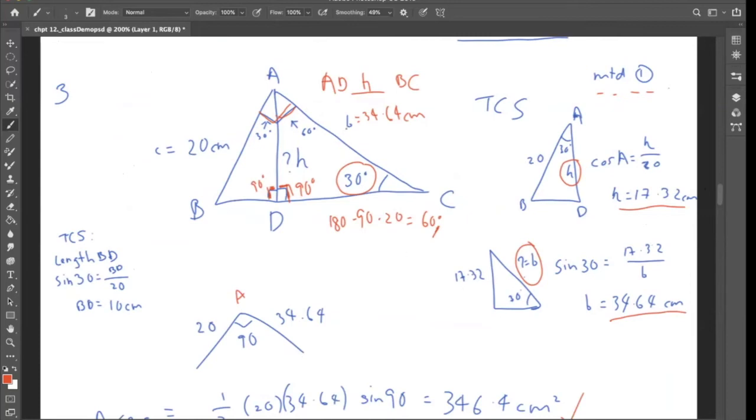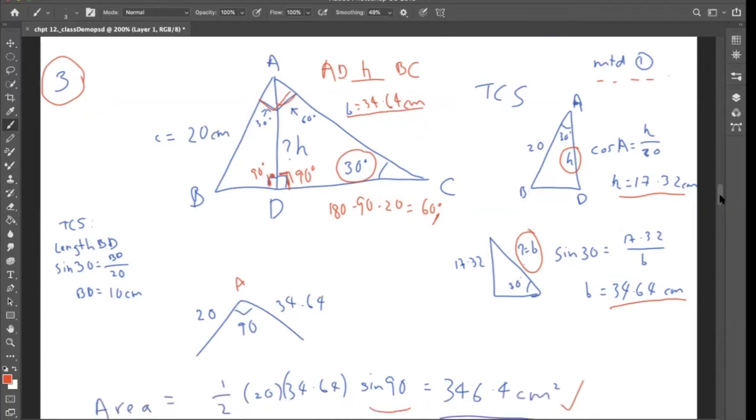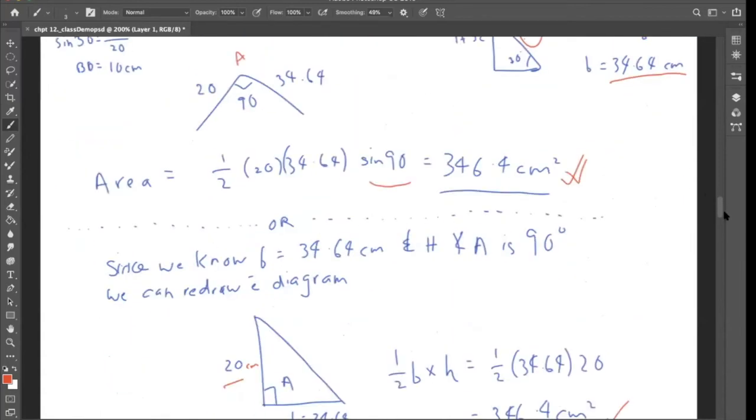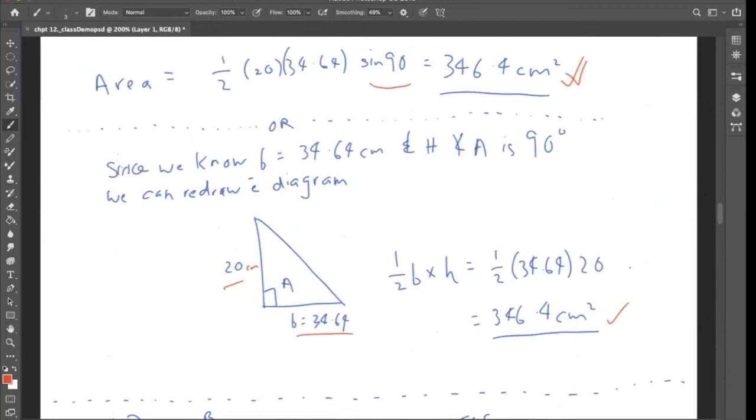Inside question 3, use opposite over hypotenuse, B is equal to 34.64. So I redraw the diagram again, knowing that A is 90 degrees, using the formula. Because I got 2 sides already and 1 angle, I can find the area. So area is 346.4 centimeters squared. I can also use another way to check for the area.